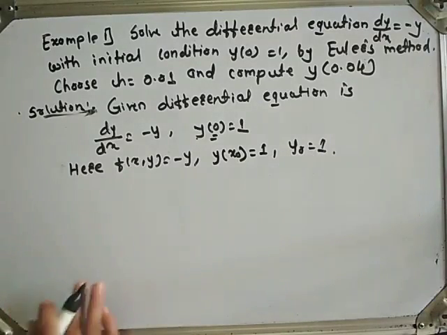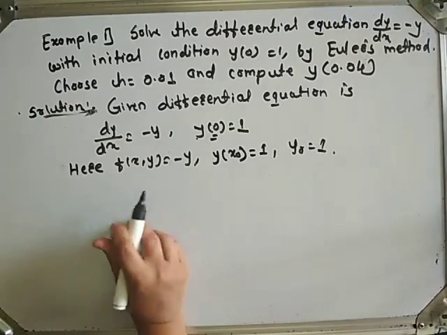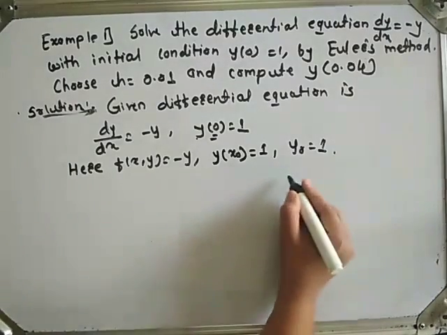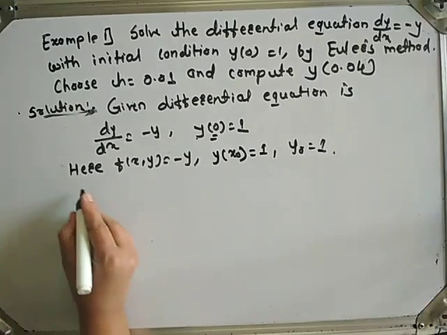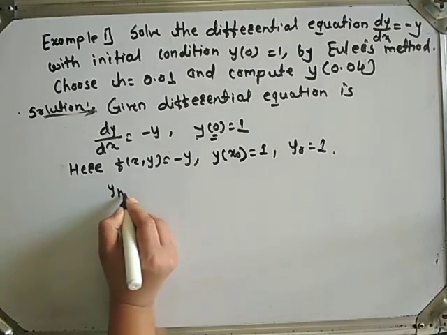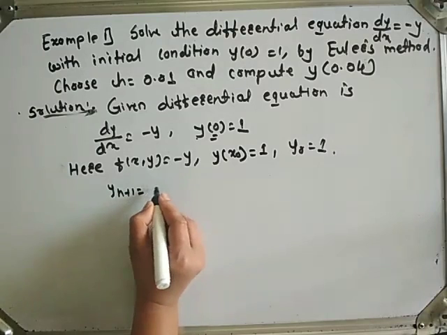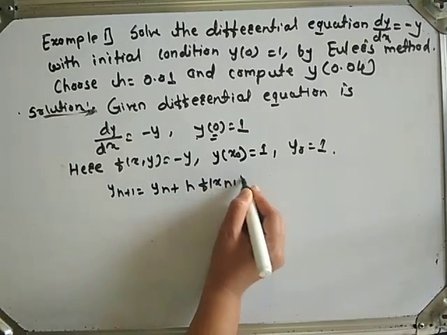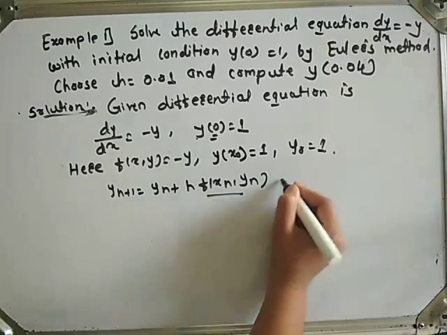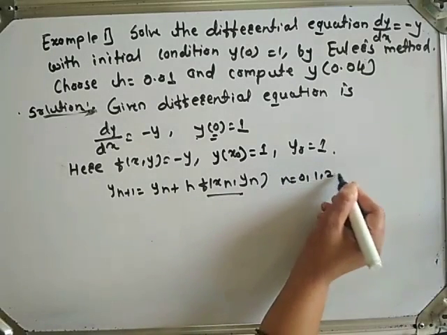Students, recall the formula for Euler's method: y(n+1) is equal to yn plus h into f of xn comma yn, for n from 0, 1, 2 and so on.